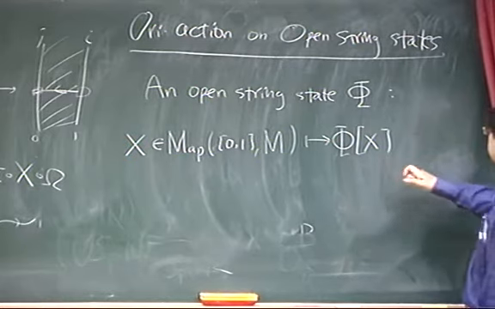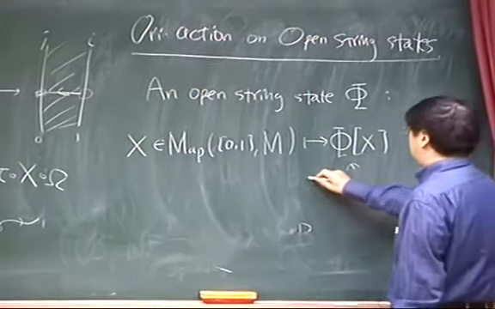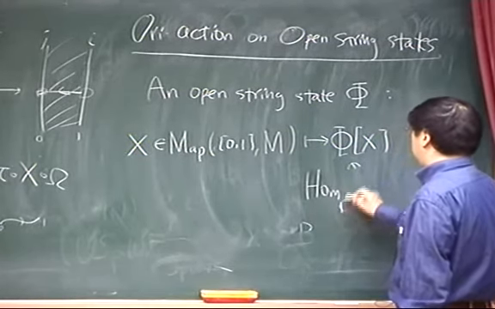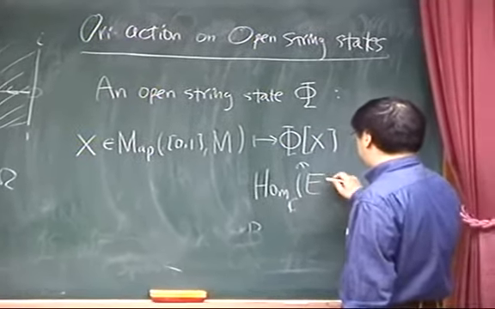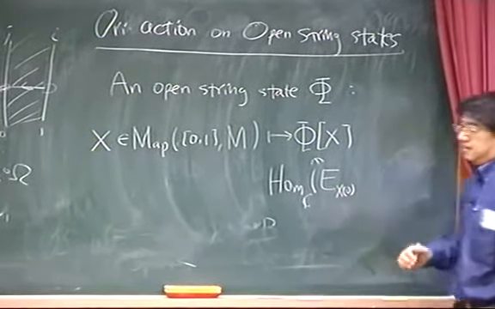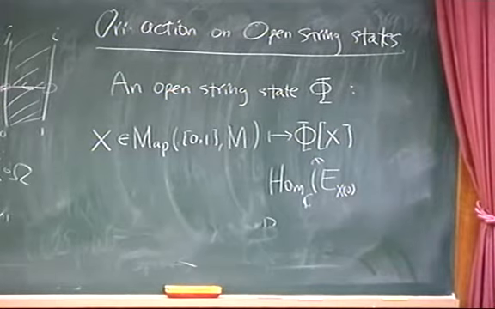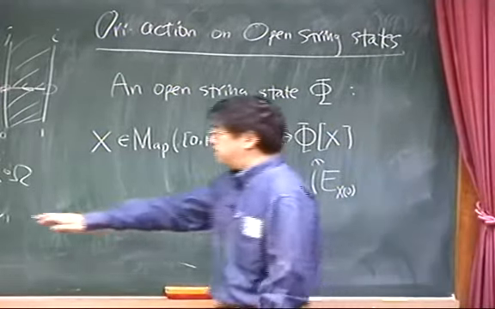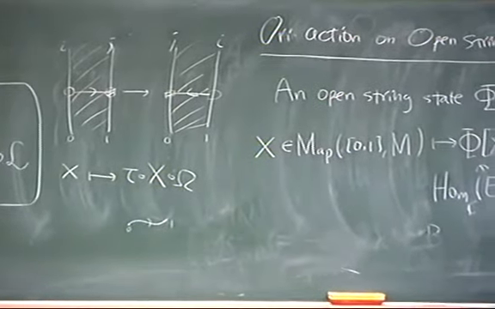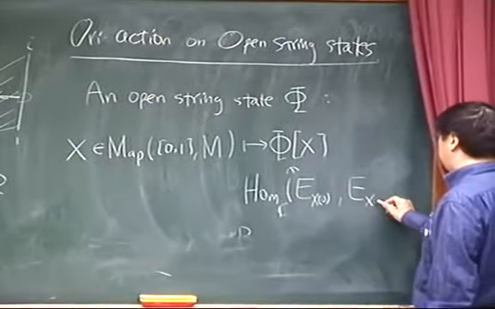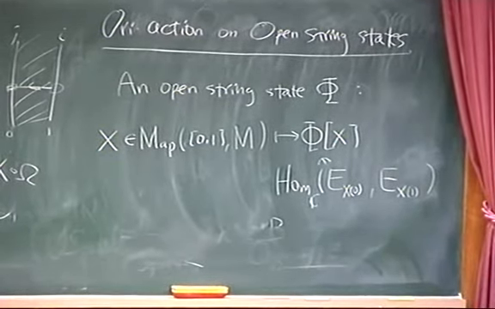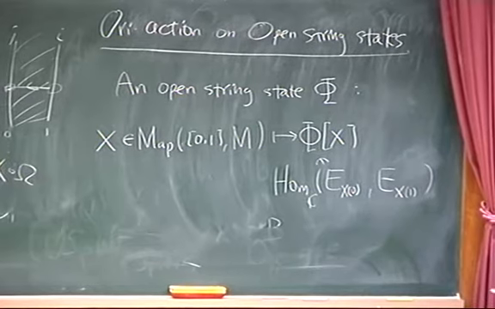And phi of x lies in the homomorphisms of a vector space between the fiber of E at x0, the image of the initial point, to the fiber of E at the image of the ending point, the final point of the string.